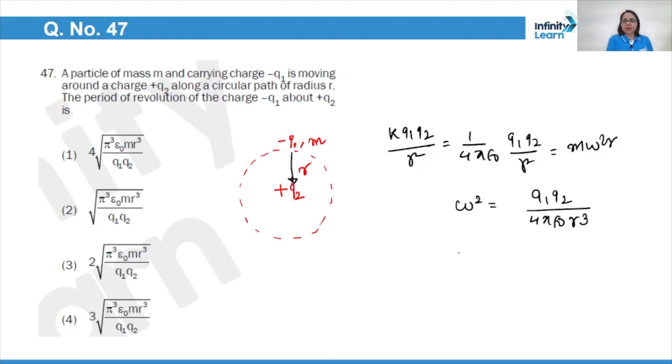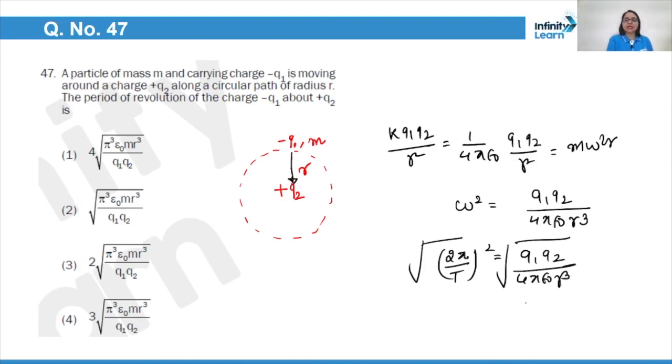Omega is 2 pi by t. So you can write it as 2 pi by t whole square is equals to q1 q2 upon 4 pi epsilon naught r cube. Take the square root. So 2 pi by t is under root q1 q2 upon 4 pi epsilon naught r cube. So t will be 2 pi under root 4 pi epsilon naught r cube divided by q1 q2.